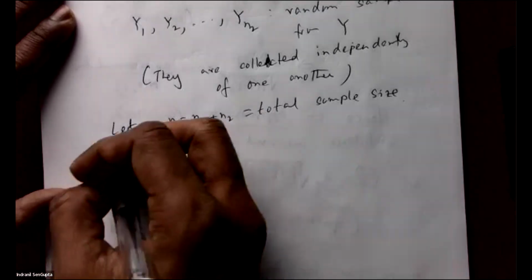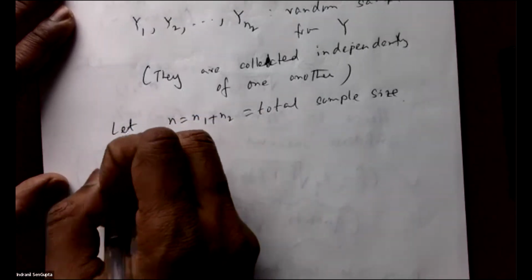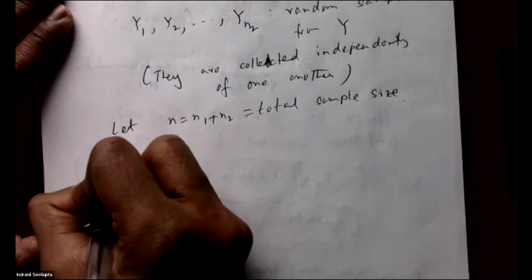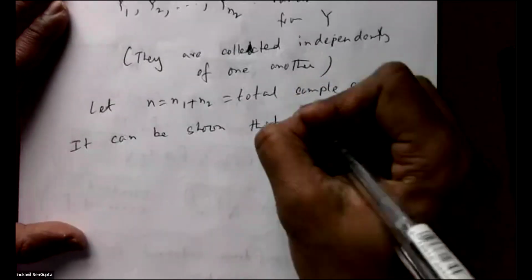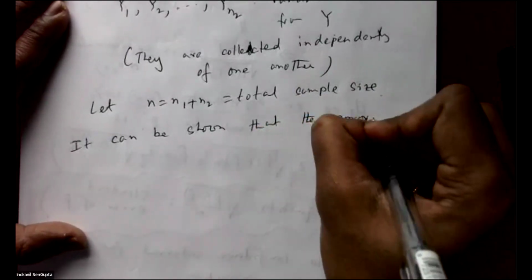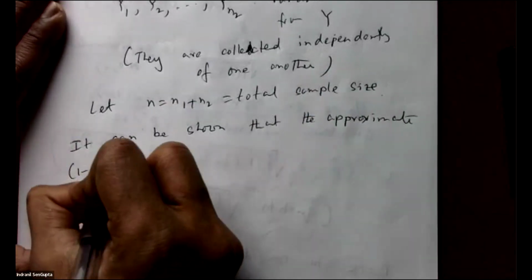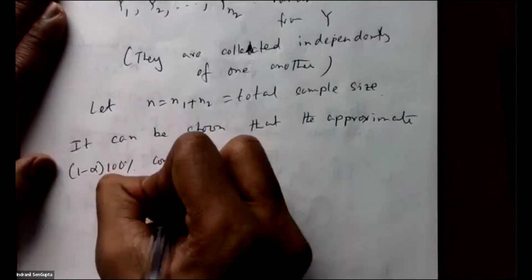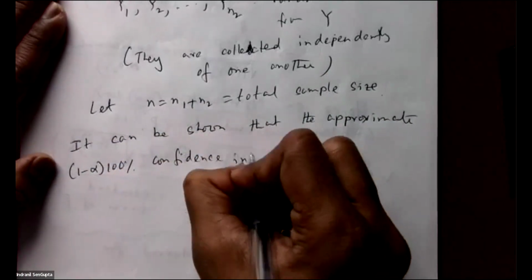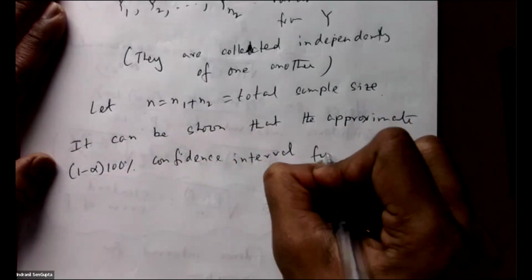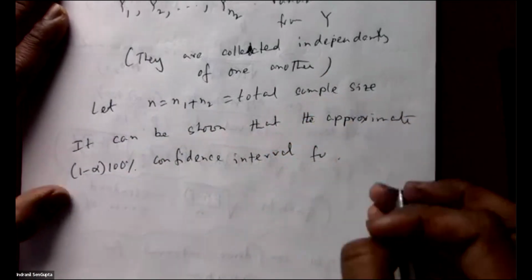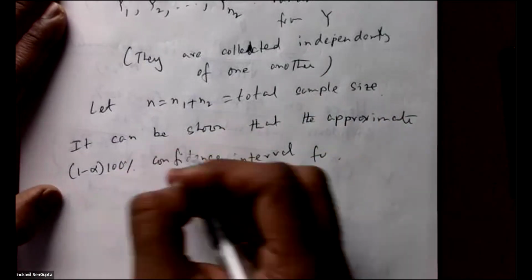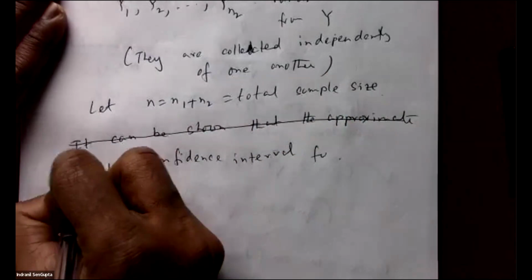In this case it can be shown that the approximate 1 minus alpha times 100% confidence interval for... okay, before doing that, sorry about that, I forgot to define some terms, so let's define those.